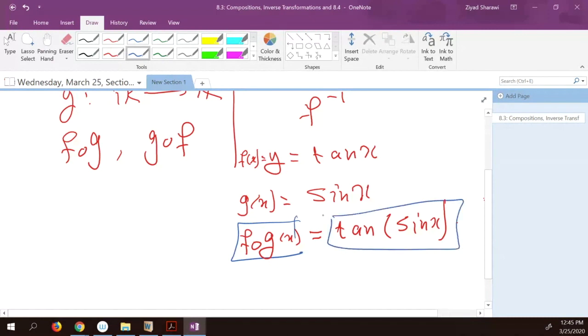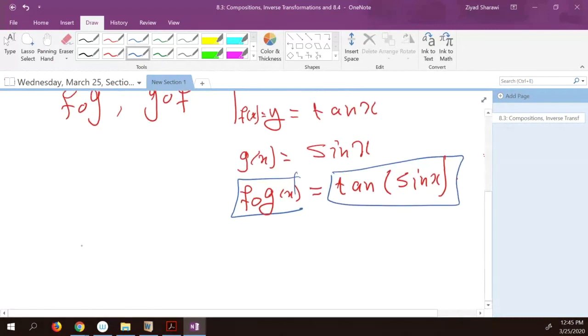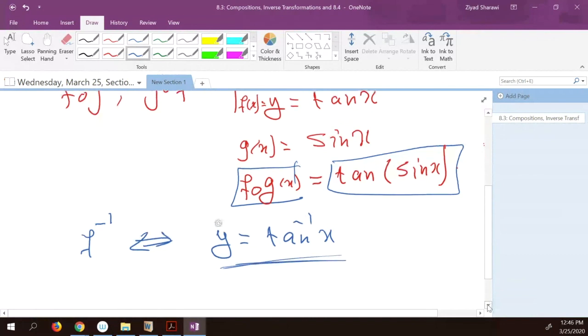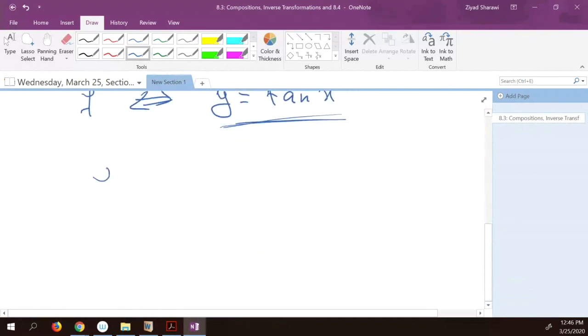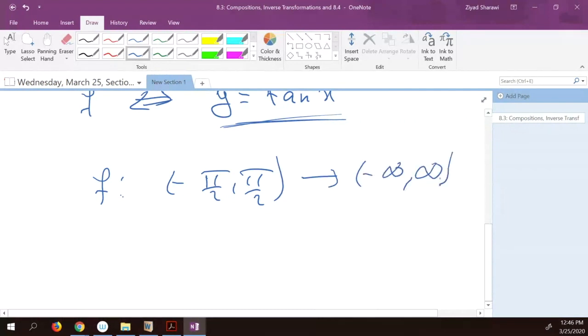Okay? Now, if you want to talk about f inverse, that is what you called tangent inverse. So how do you talk about tangent inverse? Well, you make the domain of f from negative pi over 2 to pi over 2, to negative infinity, infinity.